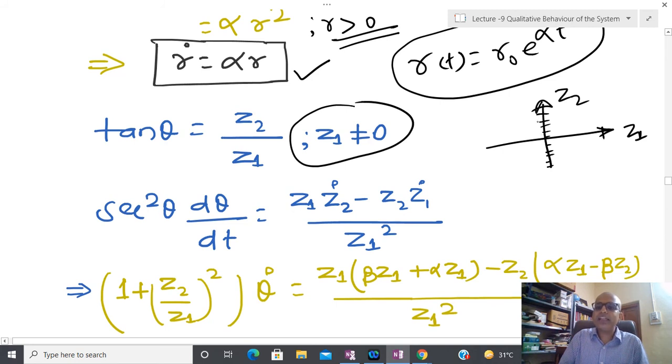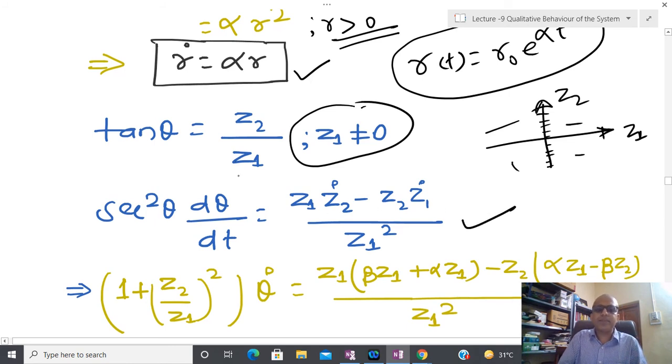So what I am telling is that the analysis is true in this part, this part, this part, this part, but not here. So whenever you are writing something in the form of p by q, please interpret it carefully.